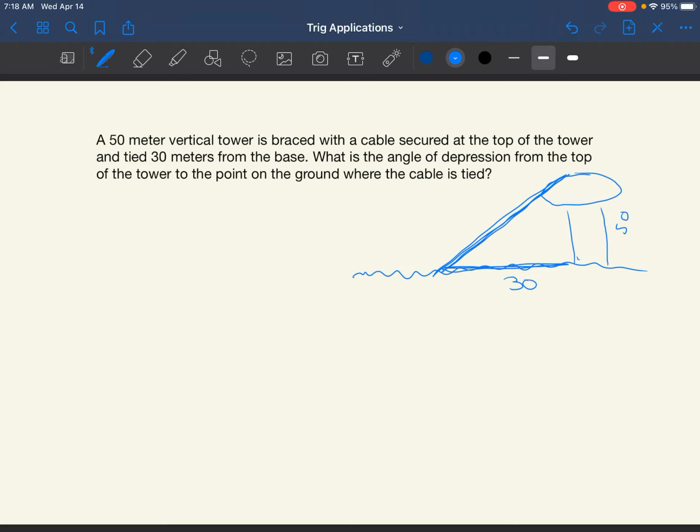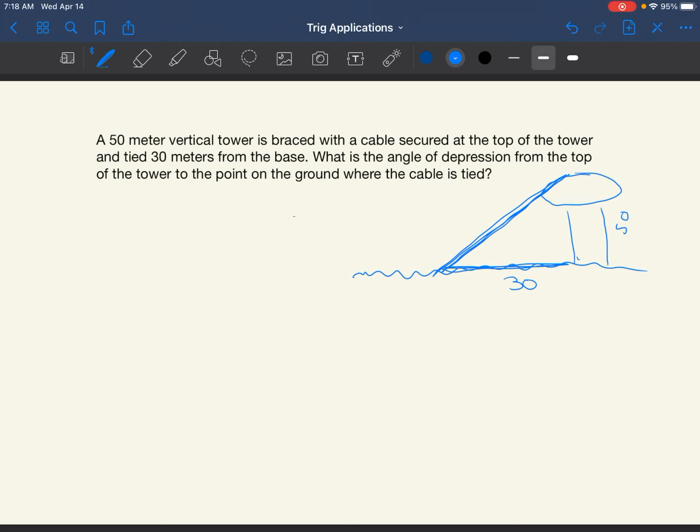You know, I don't like how that's worded necessarily. They want the angle of depression, okay? So on this problem right here, what is the angle of depression?